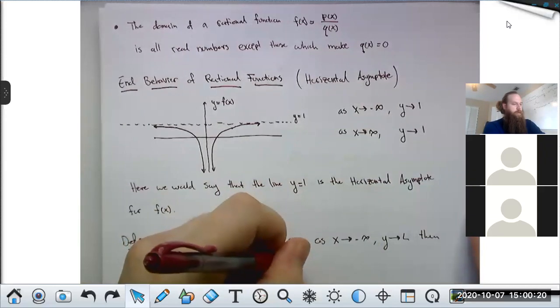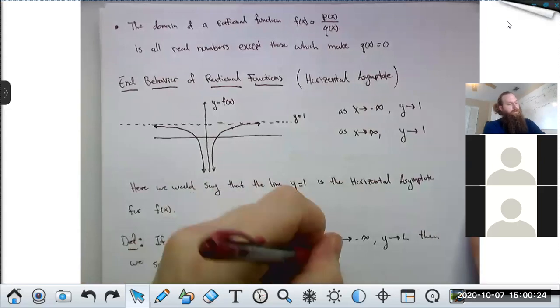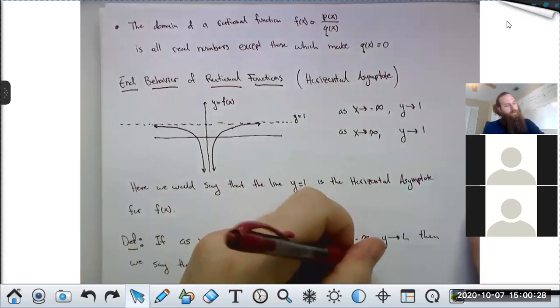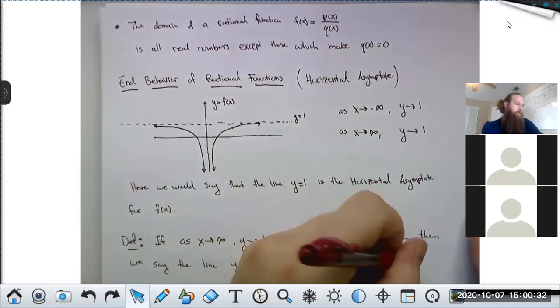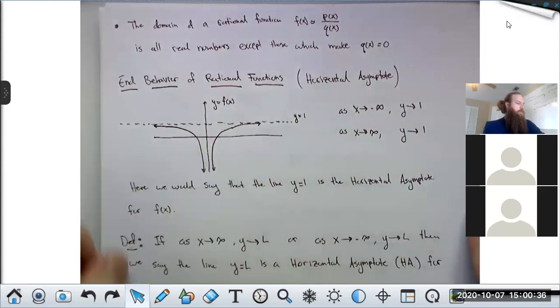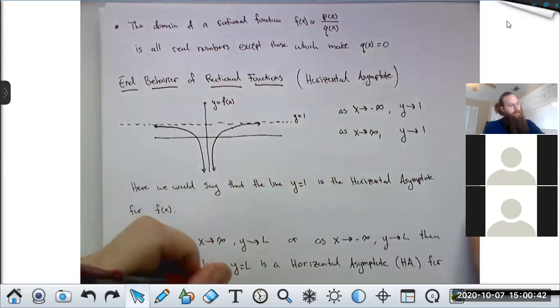I'll write it one more time, but from here on I'll abbreviate horizontal asymptote as HA for the function y equals f of x.